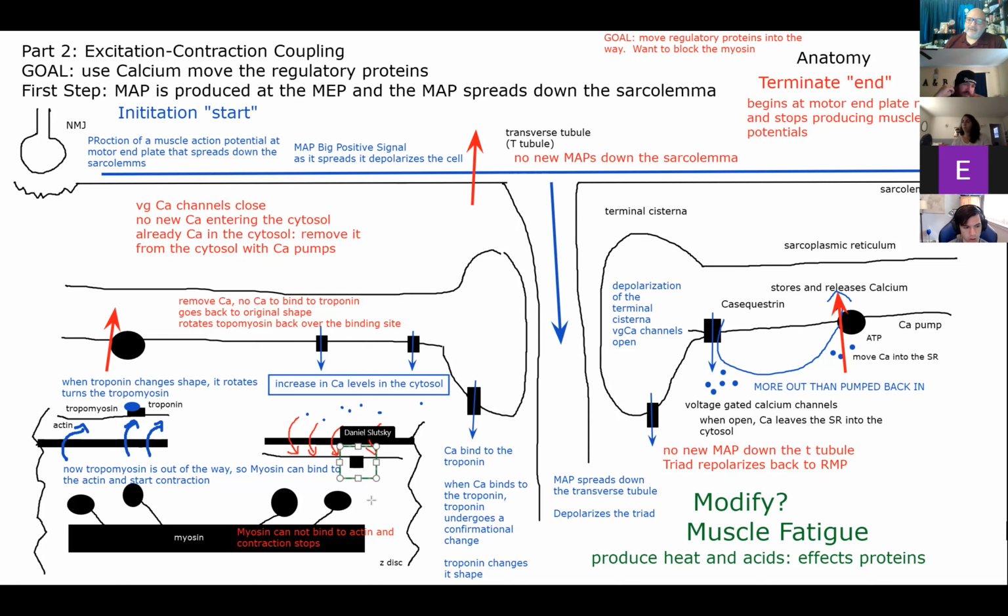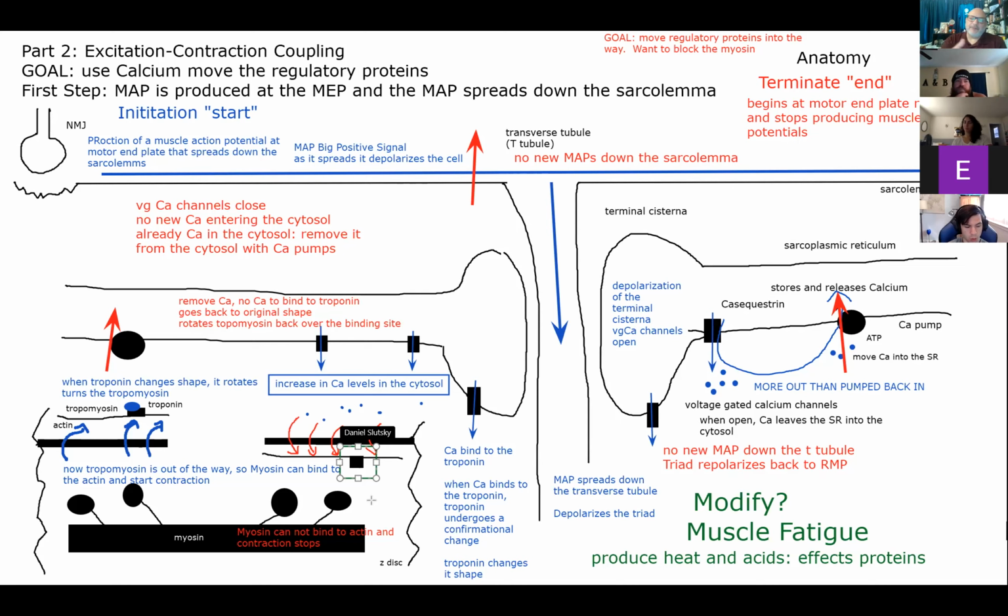You're not going to be as strong. And since that pulling of the myosin is what produces our tension, are we going to produce more tension or less tension? Less tension. And now your muscle is not working as strongly as it was before. Your muscle is fatigued.